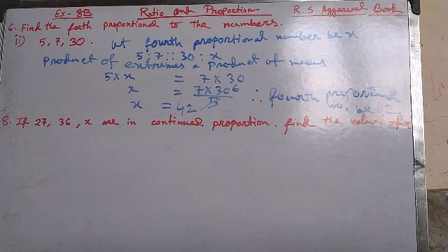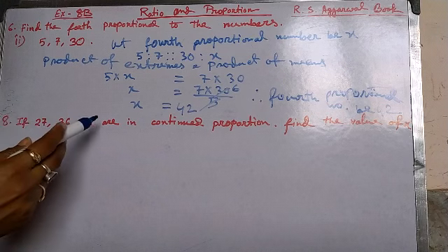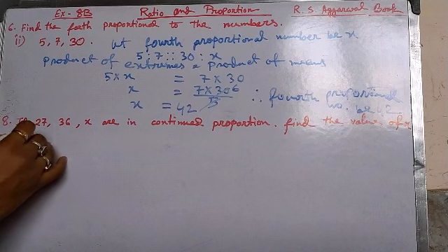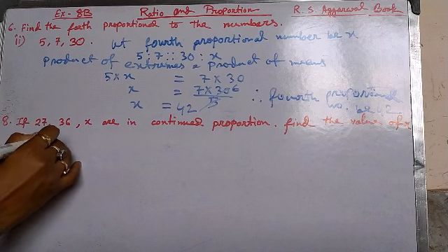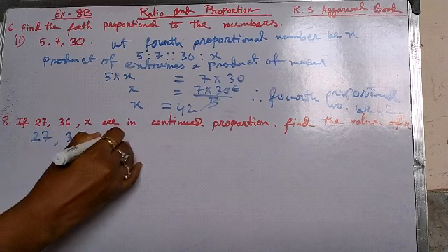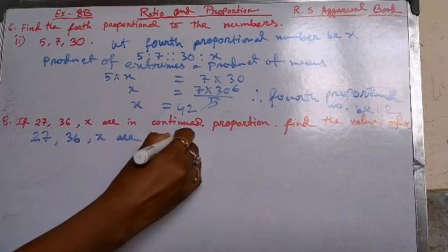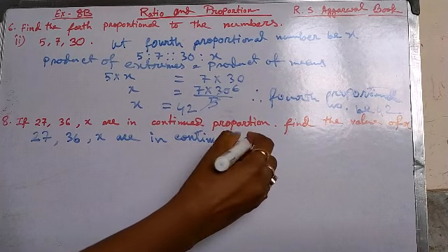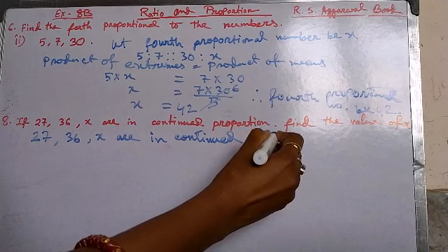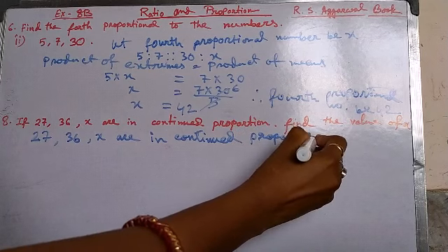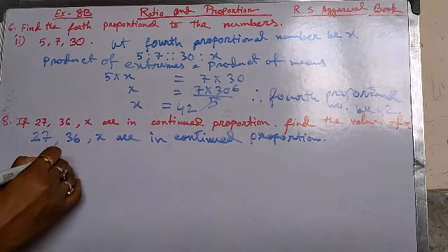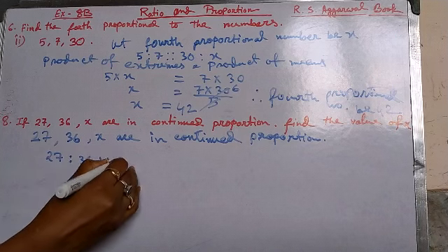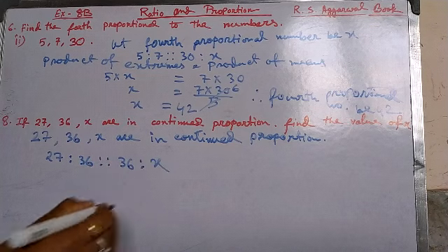Now question number 8. If 27, 36, x are in continued proportion, find the value of x. So 27, 36 and x are in continued proportion. That's why 27 is to 36 proportion to 36 is to x.